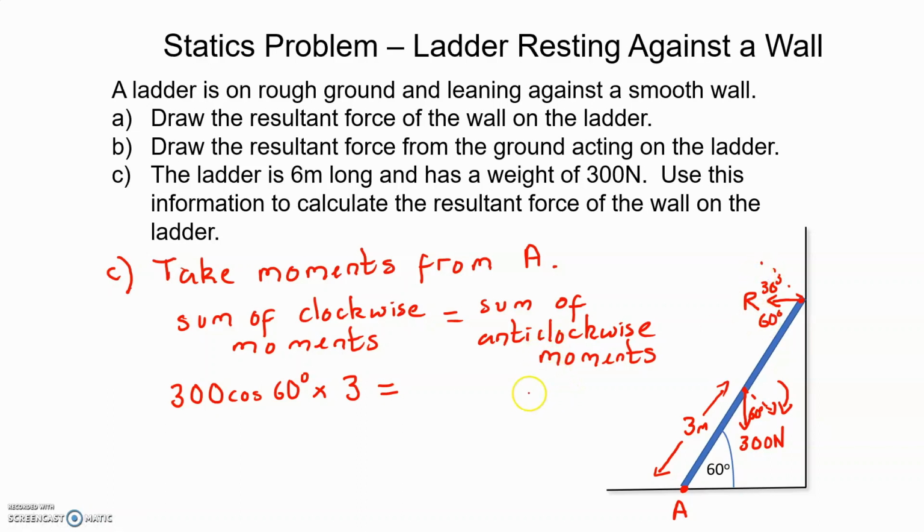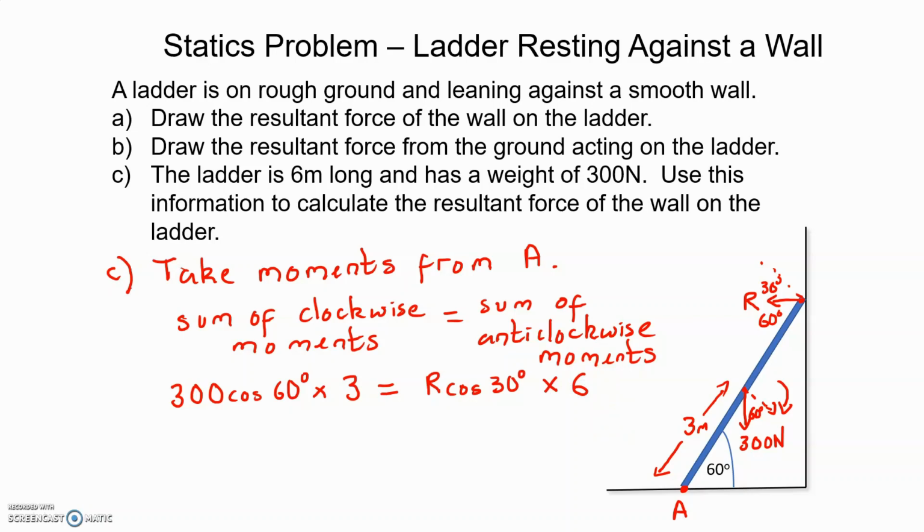So the component of the reaction force is R cosine 30, and the distance from the pivot is 6 meters.